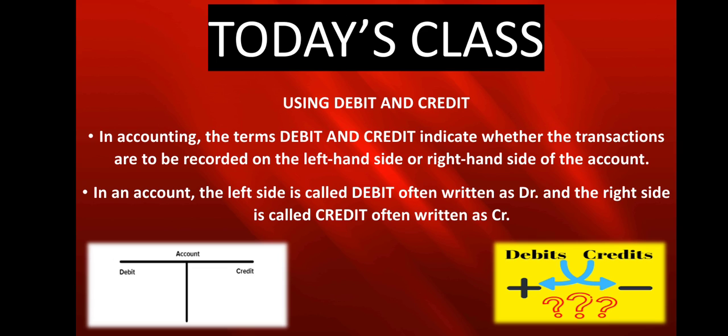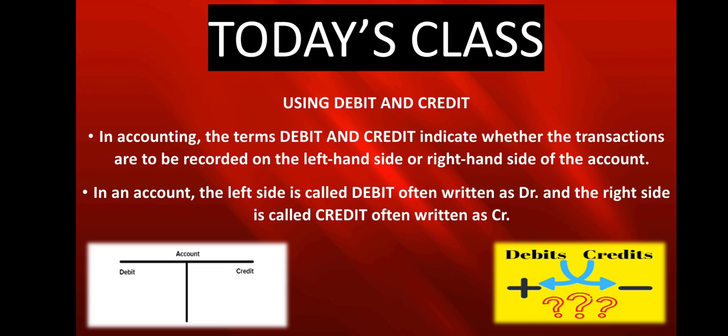In accounting, the terms debit and credit indicate whether the transactions are to be recorded on the left hand side or on the right hand side of the account. If you could see, children, on the same slide towards the left hand side, I have given you a picture of how an account looks.